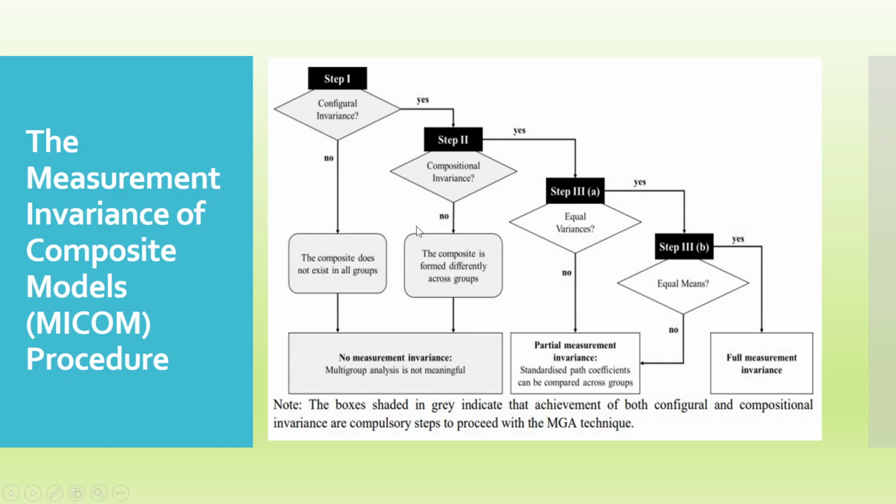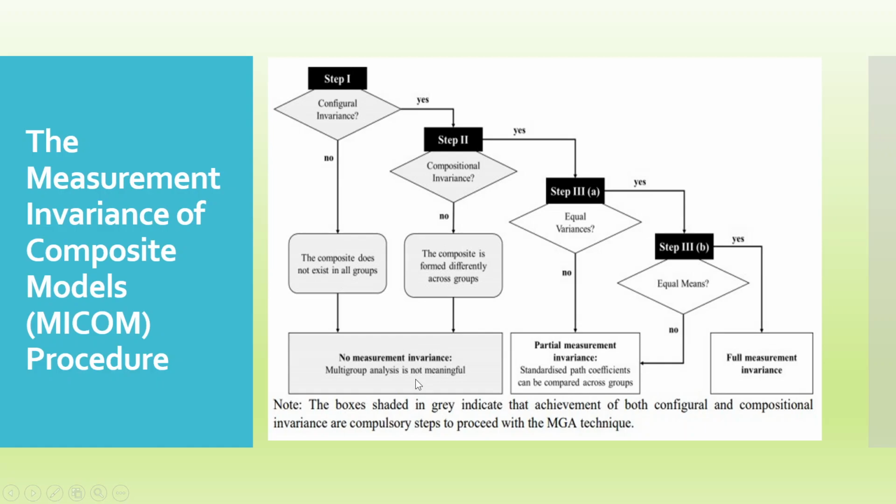Now we will see the entire model and its steps. Step 1, configural invariance not there. No, the composite does not exist in all groups. No point in running the multi-group analysis. If you achieve configural invariance, we will go to step 2, compositional invariance. Here also, if you don't achieve it, the composite is formed differently across groups.